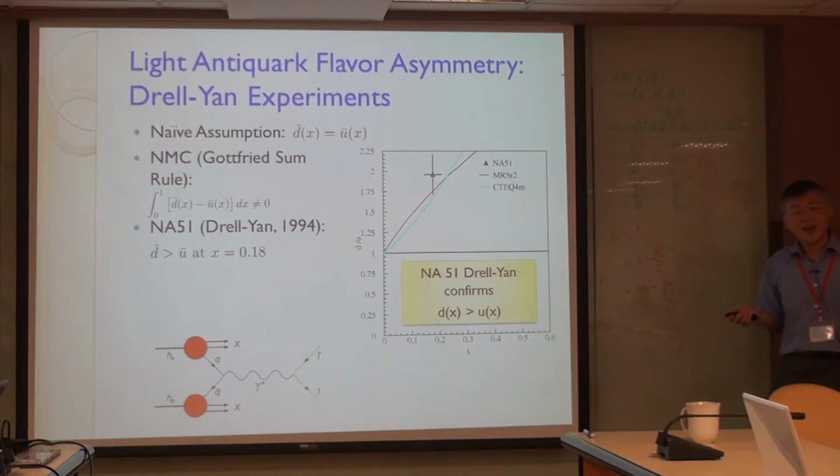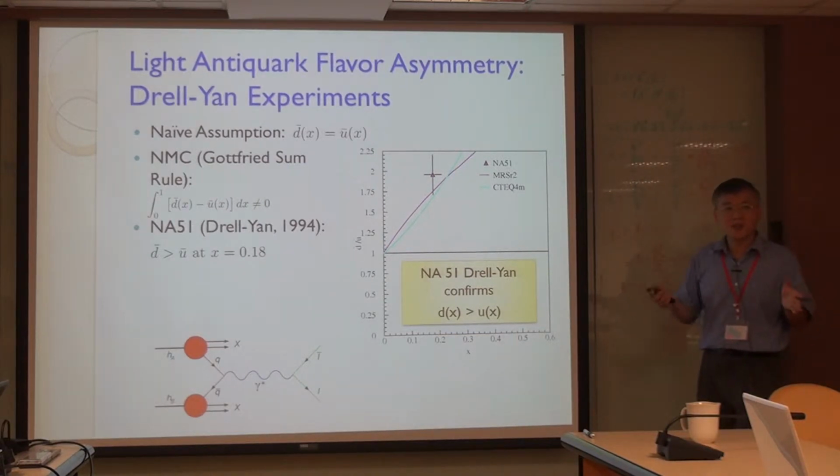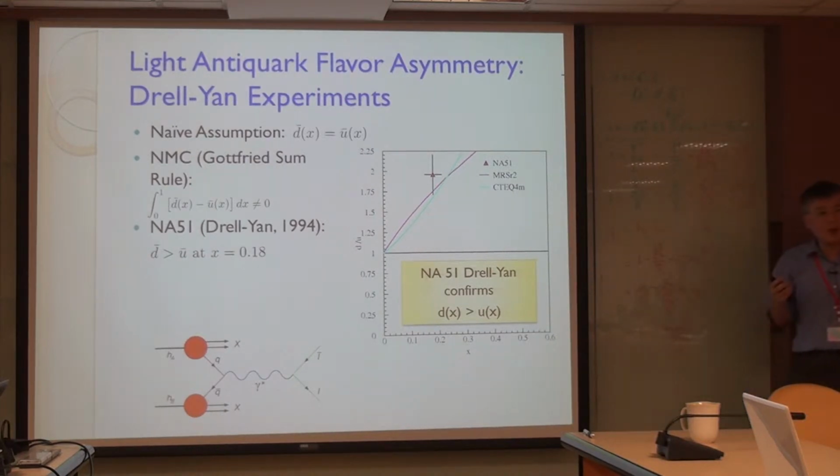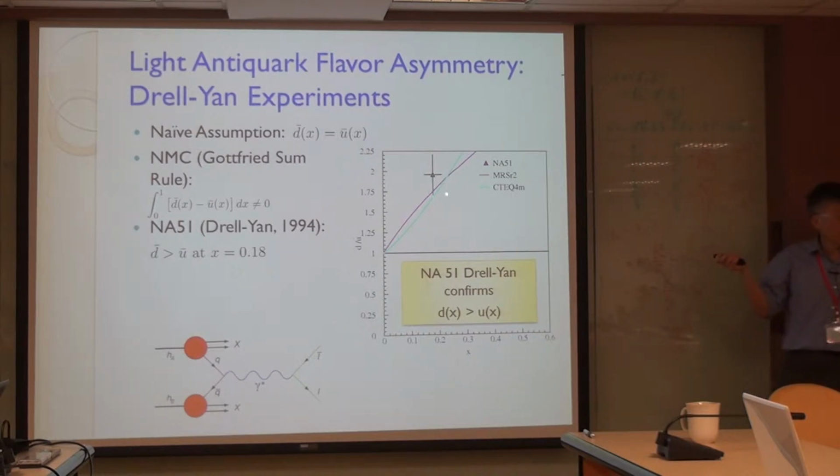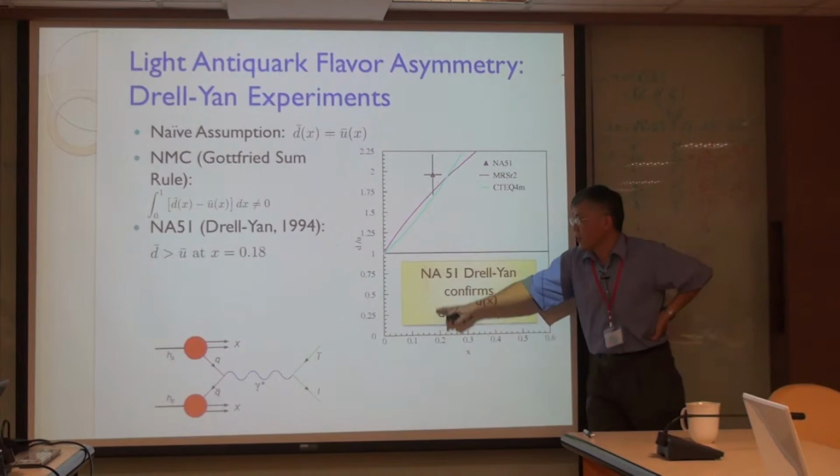So here I want to remind you, DIS experiments give you some integral information. So they bring you the first evidence that D bar x might be different from U bar x. However, the Drell-Yan experiment can give you direct information about this D bar U bar ratio as a function of x.